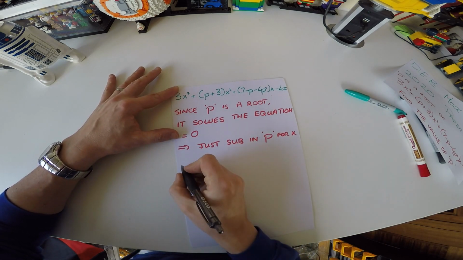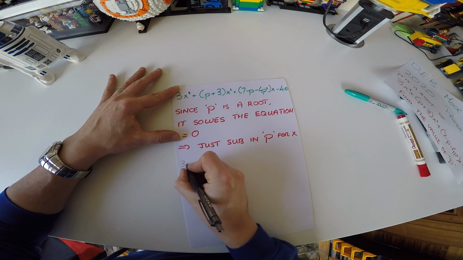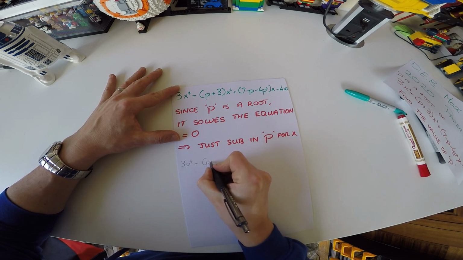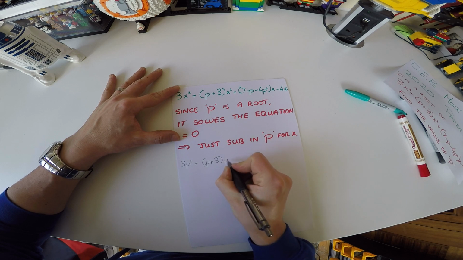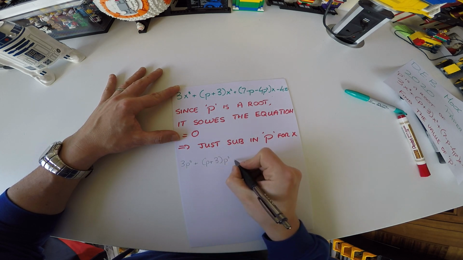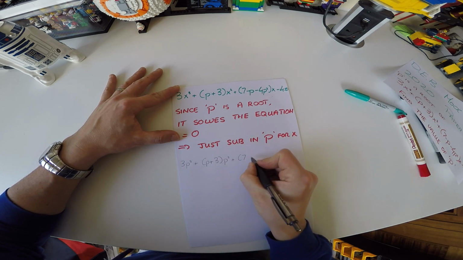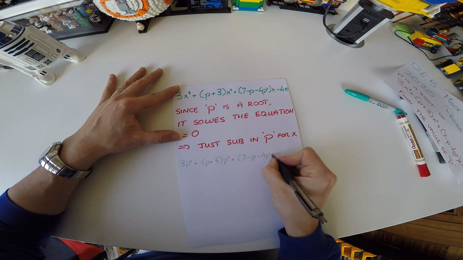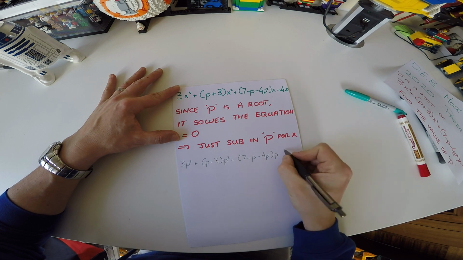So I'll do it in pen here to see. So we get 3p cubed plus p plus 3, and now we have a p squared plus, and we have 7 minus p minus 4p squared times another p, and then minus 4 equal to 0.